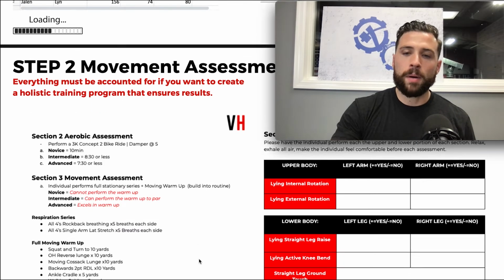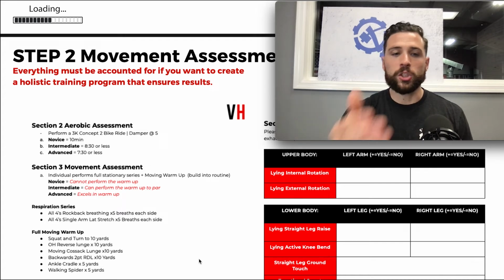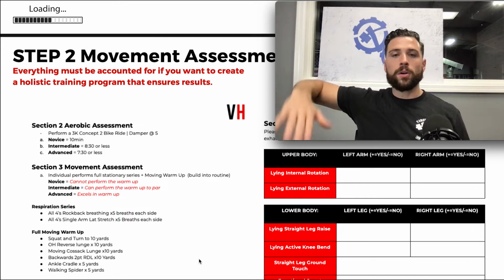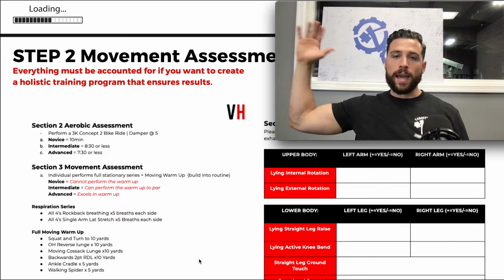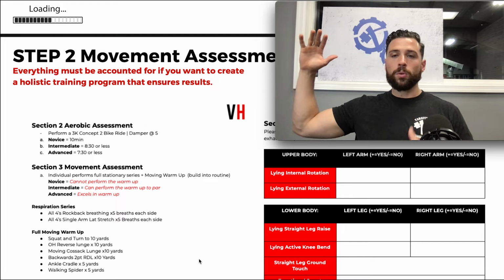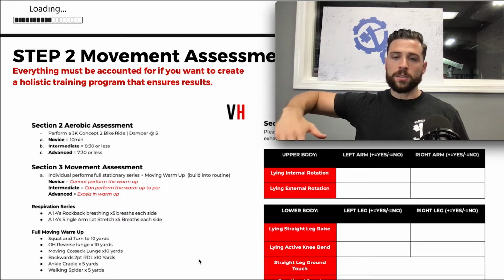So we have an upper body and a lower body. For our upper body, this correlates with our respiration strategies. I'm going to have the individual lie on their back, relax, put their arm at 90 degrees. As they sit back this way, I'm going to have them exhale all of their air, pull their rib cage down and relax. They're going to internally rotate their hand to the ground.